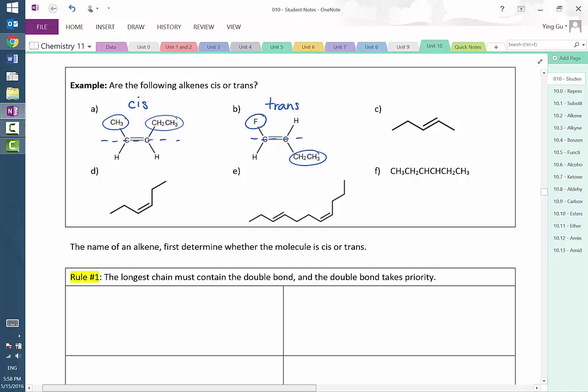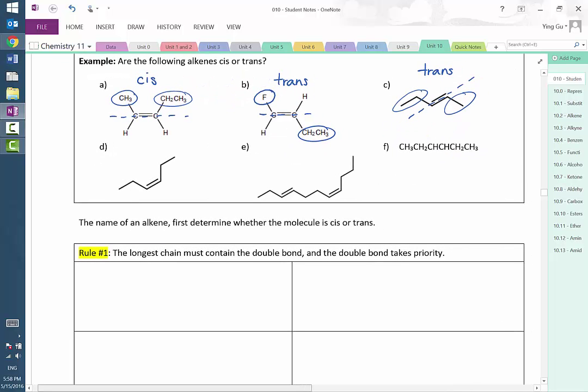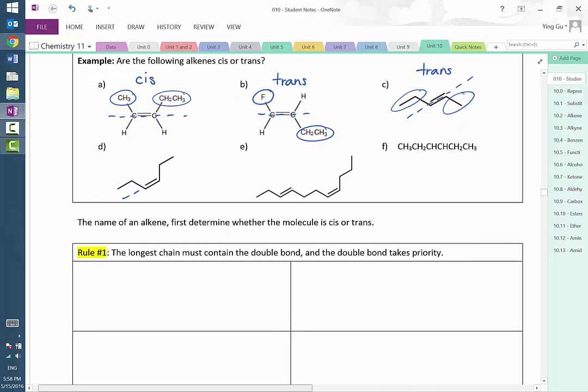The next example is a line diagram. Again, if you draw a little plane across that double bond, you can see that the branches over here and over here are on opposite sides of that double bond, making this also a trans isomer, a lawn chair shape. The next one, here is our double bond plane.